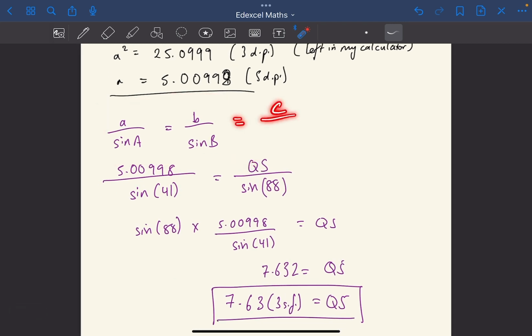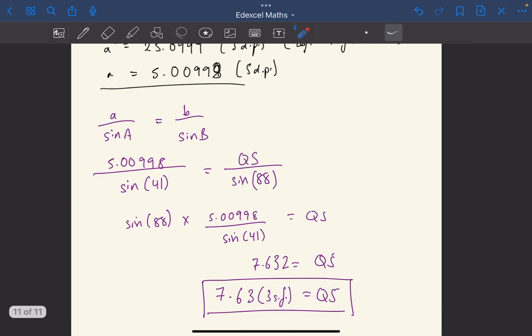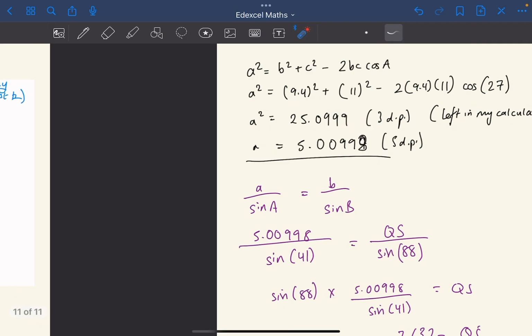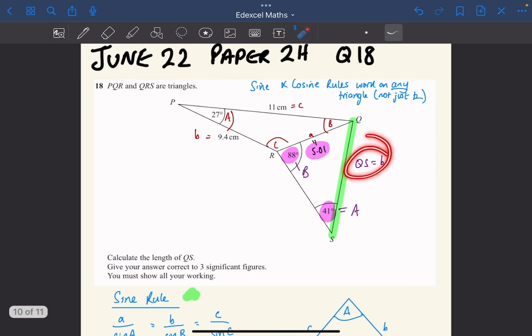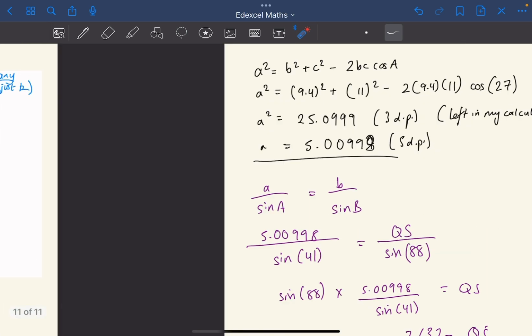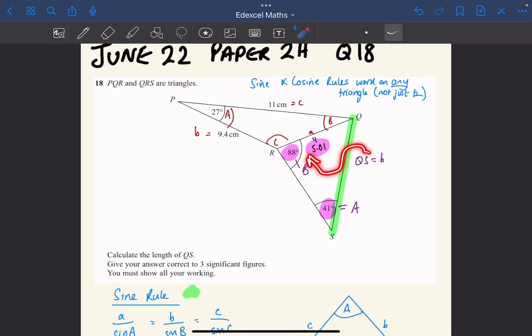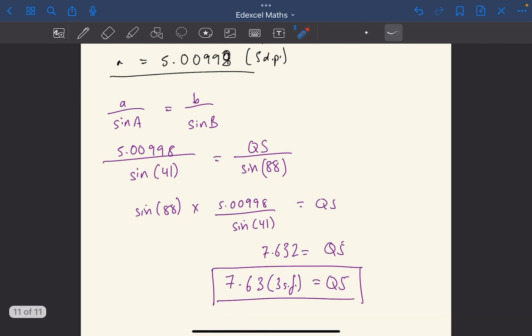It also equals c over sine c, but we don't really need that in this question. So you plug in a, we found that from over here. 41 is the opposite angle to a. QS is equal to this line here, QS, over sine 88. The opposite angle to QS is this. You simplify it down and find out what QS is, and you get your answer here.